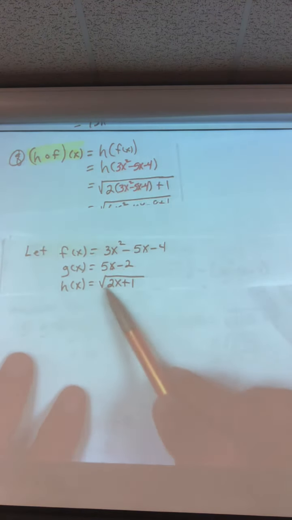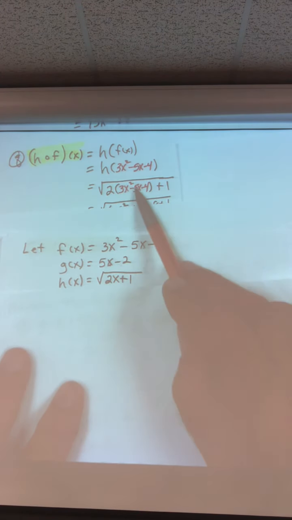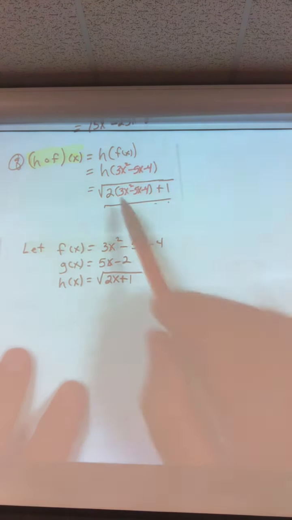So you got square root, 2, and then in place of x, put that stuff plus 1. All right, distribute. 2 times 3 is 6, 2 times 5 is 10, 2 times 4 is 8. Combine your like terms, but you can't do anything with that since it's under the square root. That's your answer.